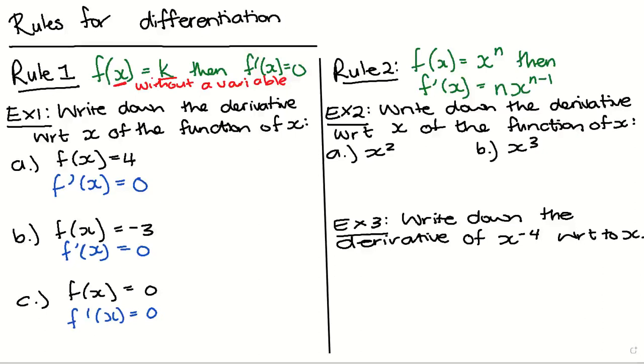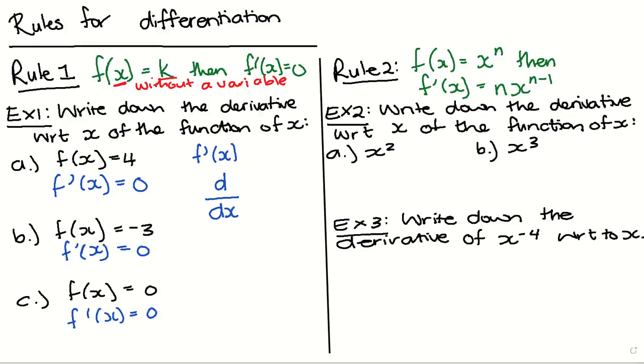Now, this takes me to a path where I can teach you about another way to write f dash x. So instead of writing the derivative like that, we can write it as the derivative with respect to x.